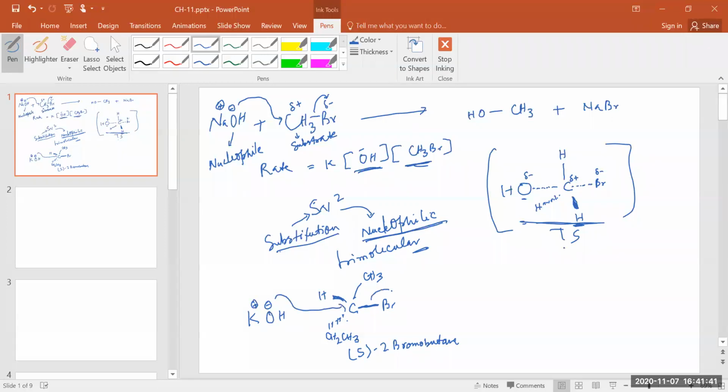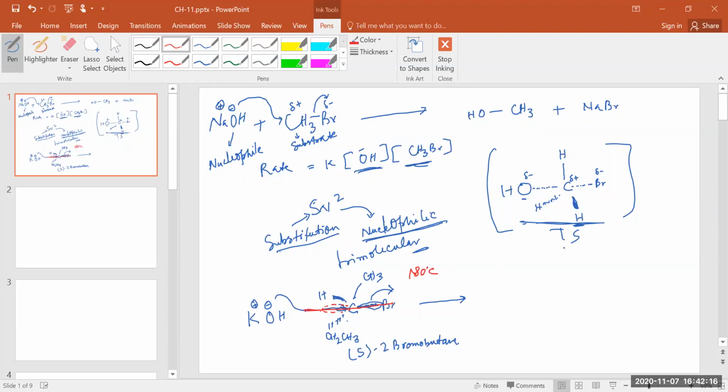Now if the nucleophile is, let's say, KOH, the salt, it will react here and kick off the bromine. The nucleophile will come opposite to the bromine. Why opposite? Suppose this is the carbon-bromine bond. The opposite side is the empty anti-bonding orbital, and the angle between these two is 180 degrees.